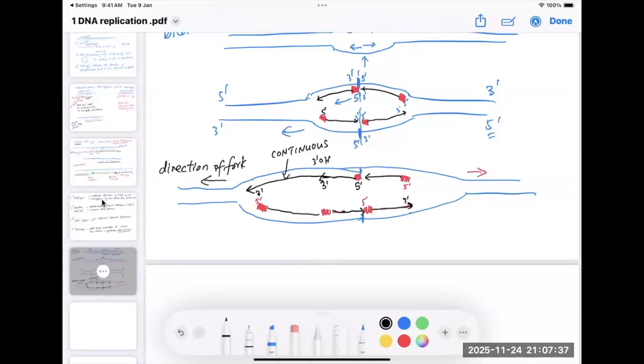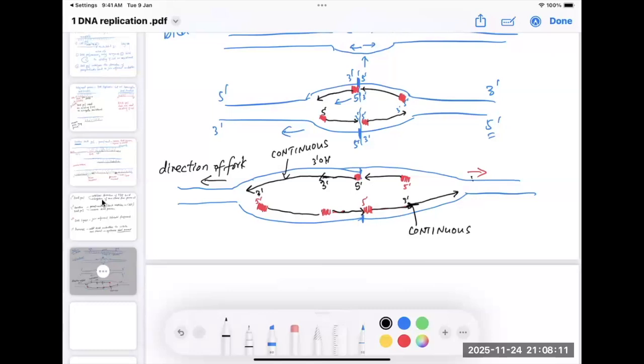No, for 3' OH, we always talk about the daughter strand. To elongate from the daughter strand, they need the 3' OH on the daughter strand, right? Correct or not? Then you can just continue. Yes, just continue. Okay. Because why? This direction is going where? Is it going towards the direction of the fork or away from the fork? Towards. Towards the fork. So this one here would be a continuous one.